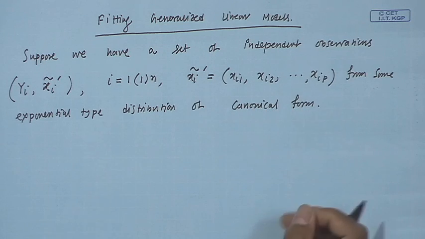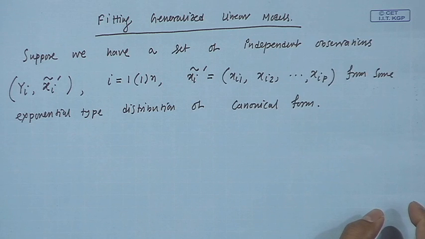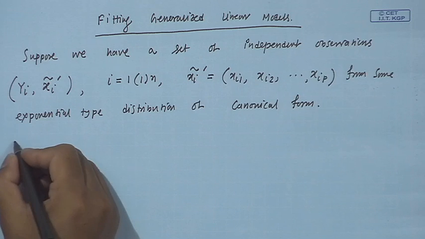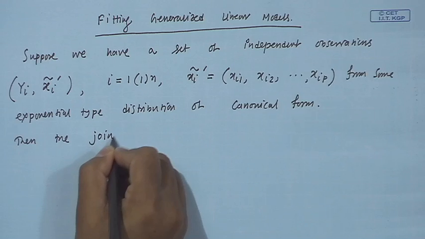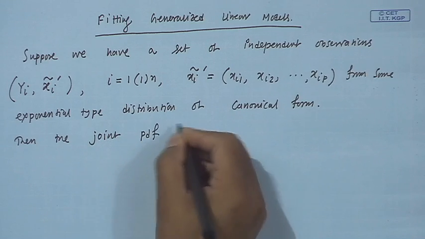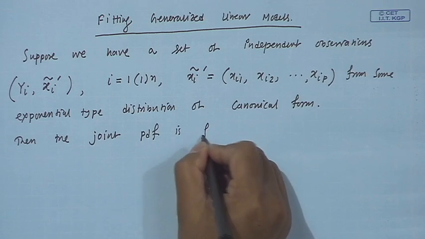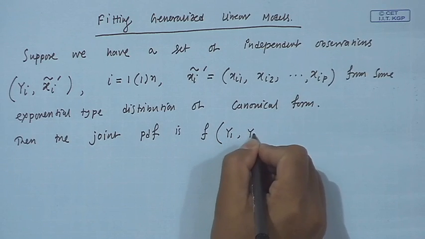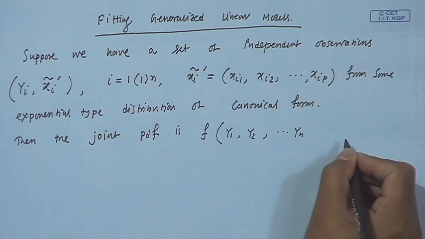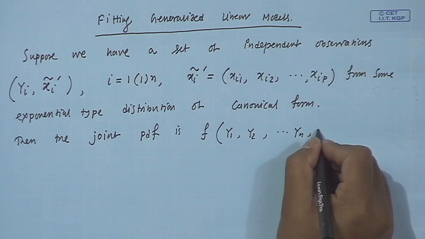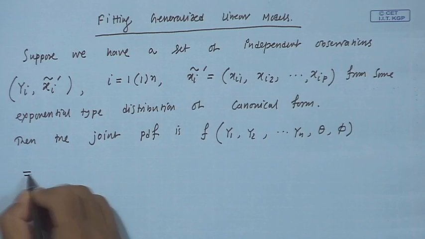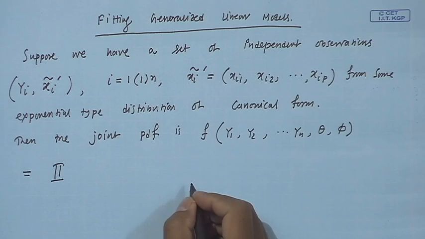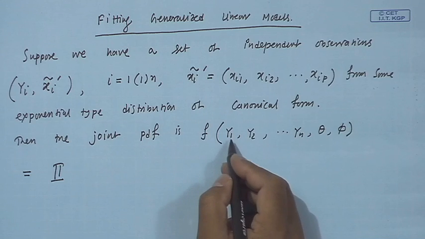Okay, so, we know when a distribution is of exponential type, the joint probability density function f(y1, y2, ..., yn; theta, phi) is basically the product of the marginal PDFs.